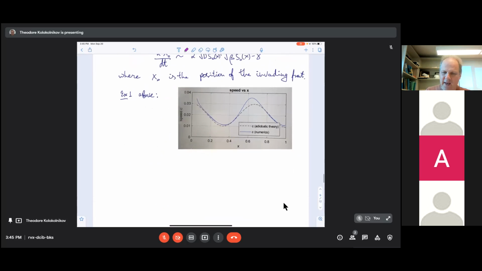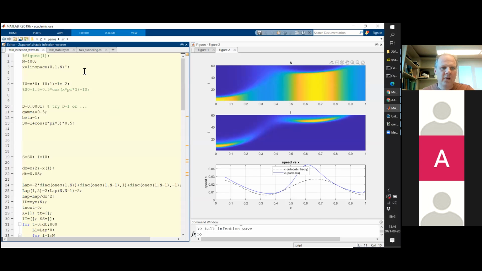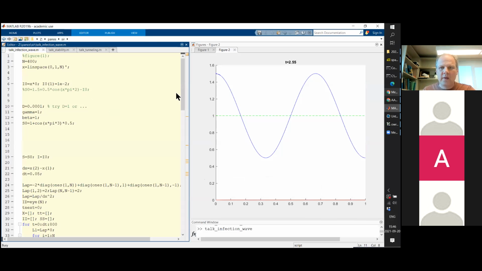But something very different can happen. This case assumes that this quantity is positive everywhere. If you have areas where you have locally negative growth, then this is no longer valid and something else happens. Let me show you this case. Now let's do a simulation where I take gamma equal to 1.